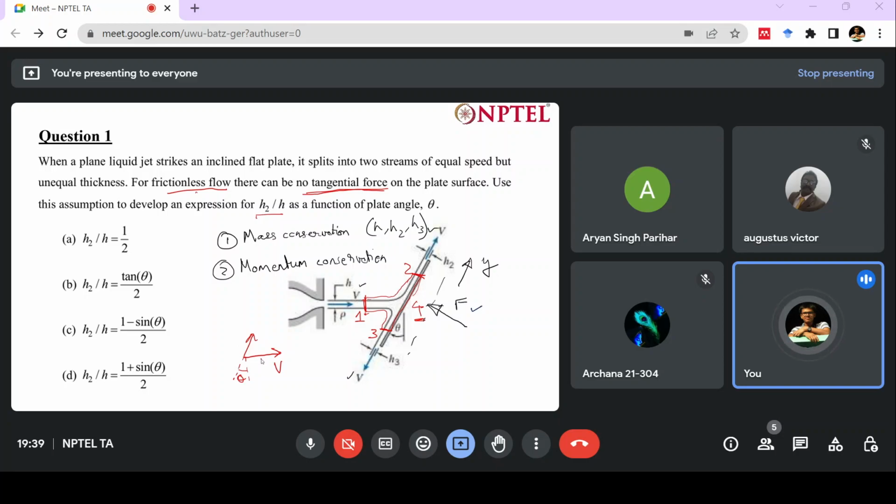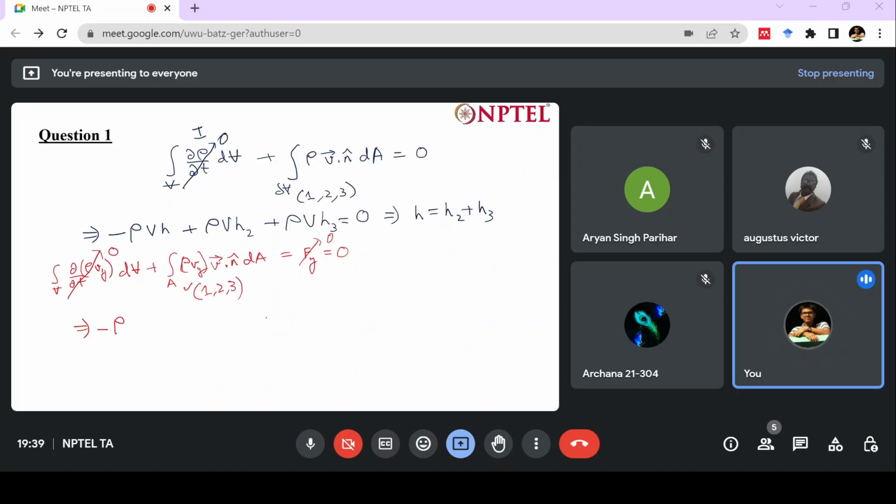You can unmute and speak. V sine theta. Definitely. So instead of Vy, I will put V sin theta here, and this V dot n is minus V. So this is V square.